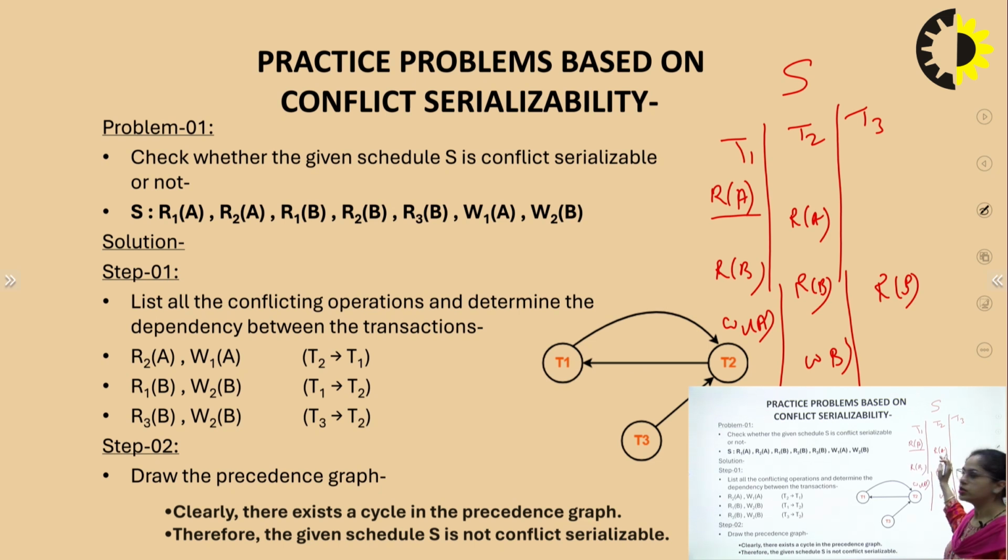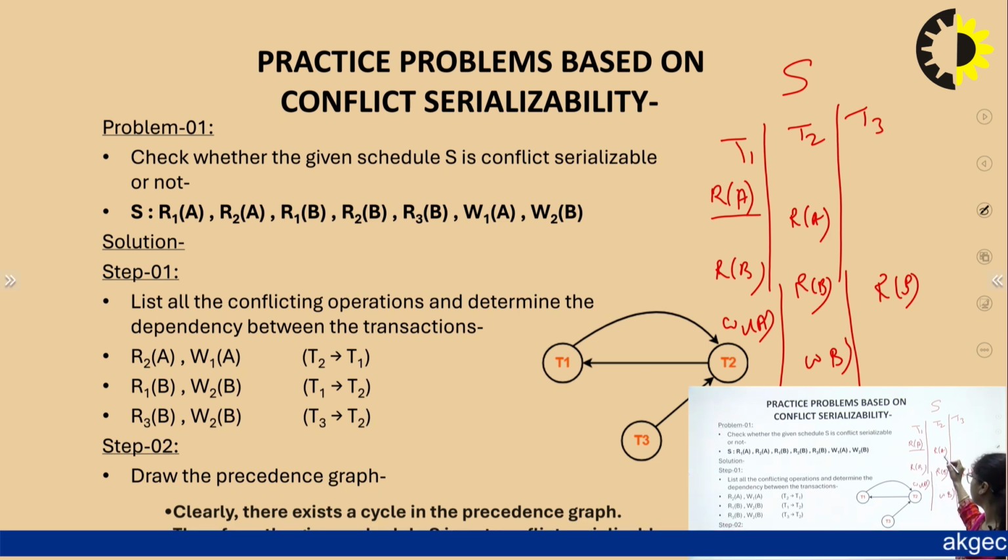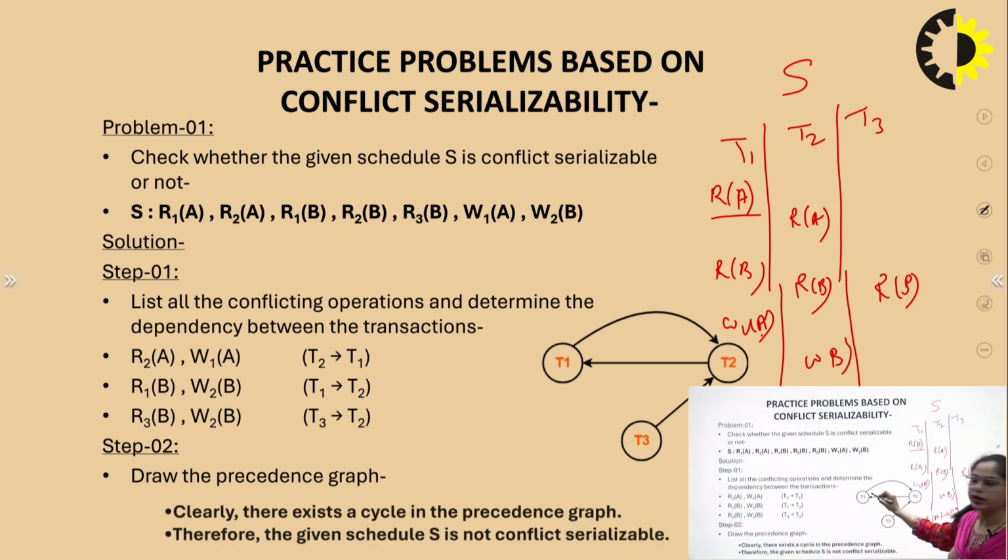Then again check for T2 read of A. Is there any conflict pair? Yes, from T2 to T1. This R of A conflicts with W of A. So from T2 to T1 we draw one edge.